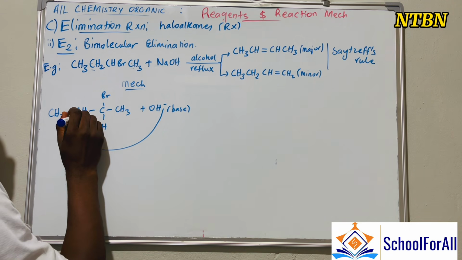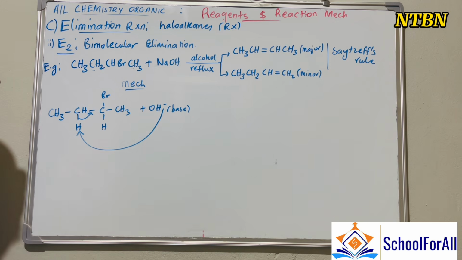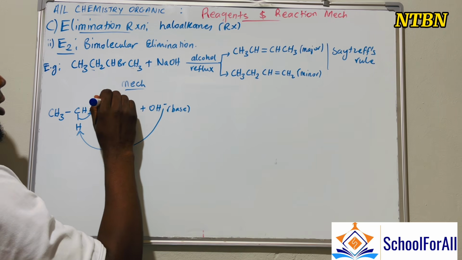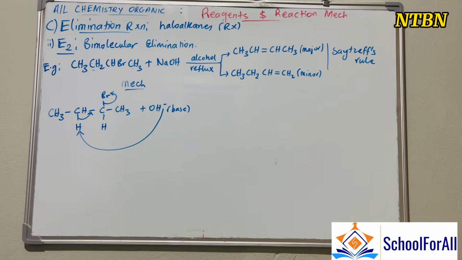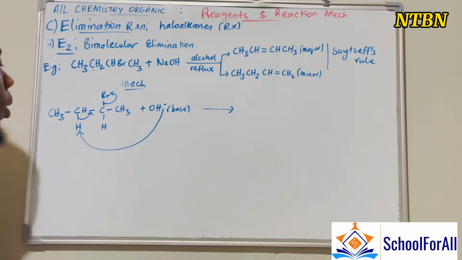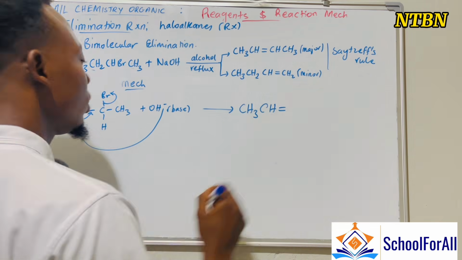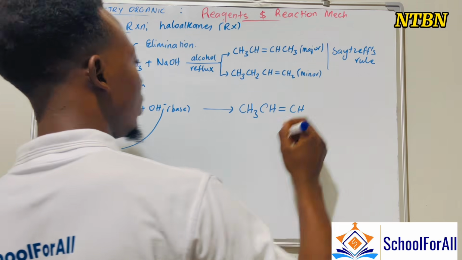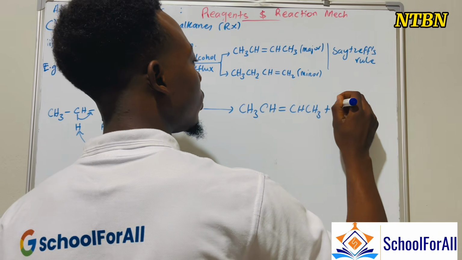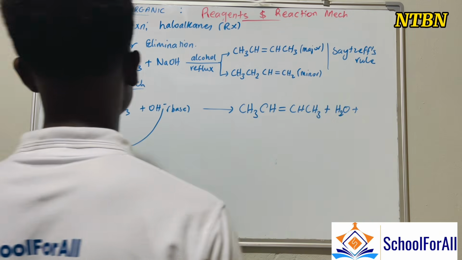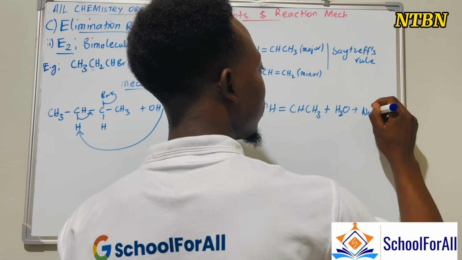Now I remove the hydrogen at this position, this one comes and fills here, and at the same time, the bromine will disappear. This is because this carbon is not as stable as the carbon which was tertiary, so I form the more substituted alkene. So I am going to form CH3, CH double bond CH, CH3, of course plus water and in this case sodium bromide.